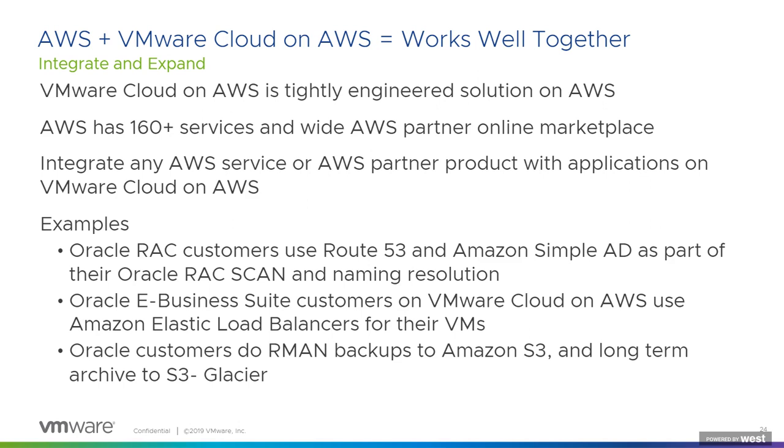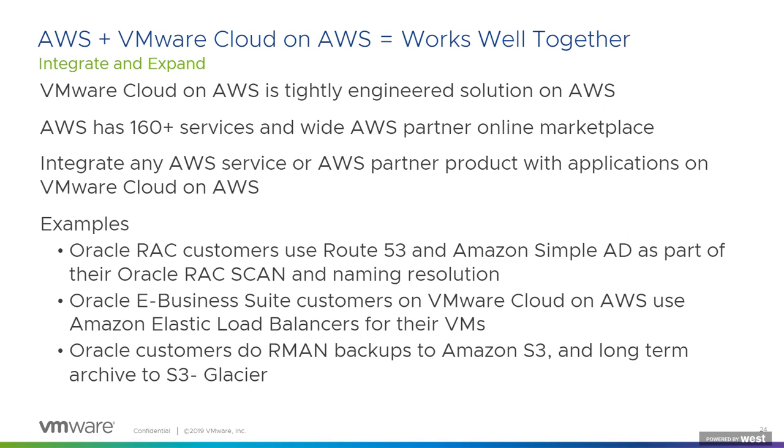We have 160 plus services, and we keep adding new services every month. VMware Cloud on AWS is a tightly engineered solution on AWS. We had both the teams from AWS and VMware working on this solution so that VMware VMs have access to the same level of services as native EC2 VMs.